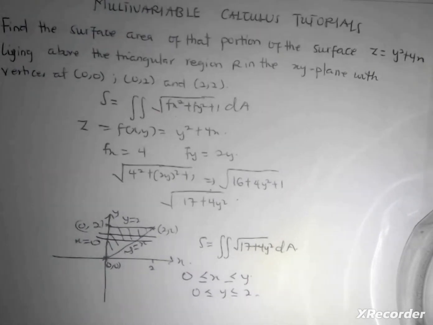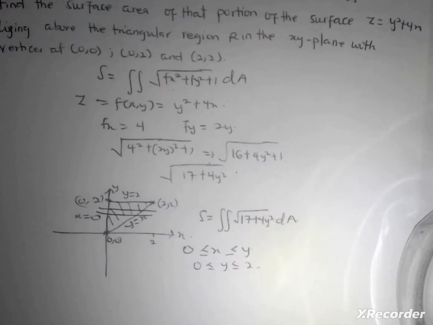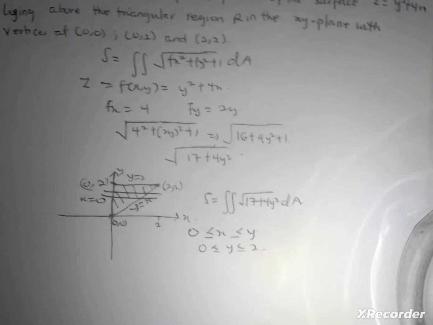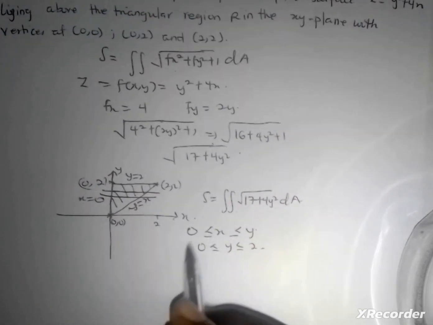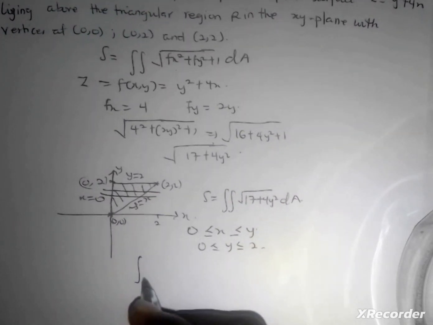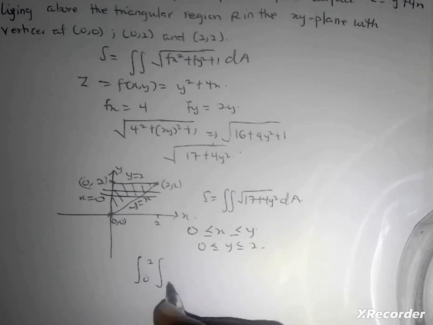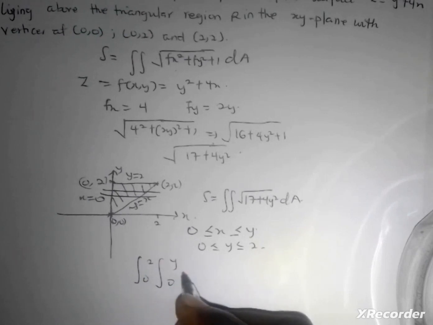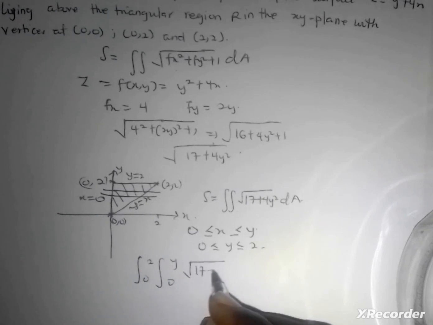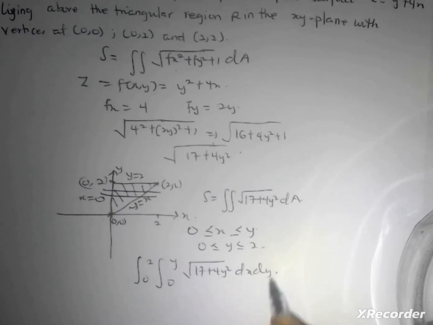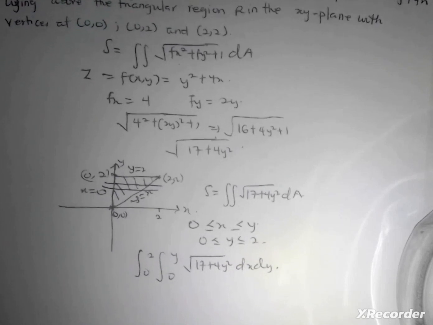Once I have these boundaries, the next thing I'm going to do is to put them in my integral. So the integral from 0 to 2 for y, integral from 0 to y for the square root of 17 plus 4y squared dx dy. So this is actually what I'm going to do.